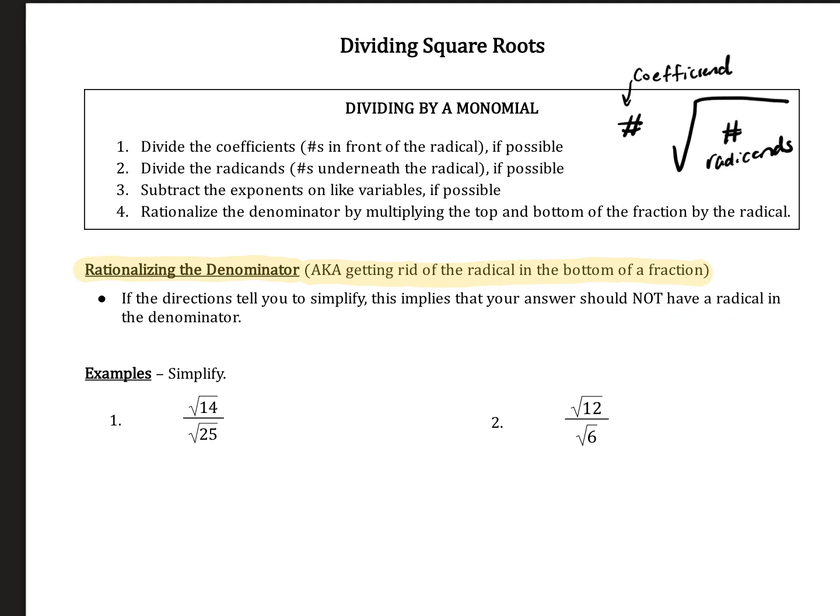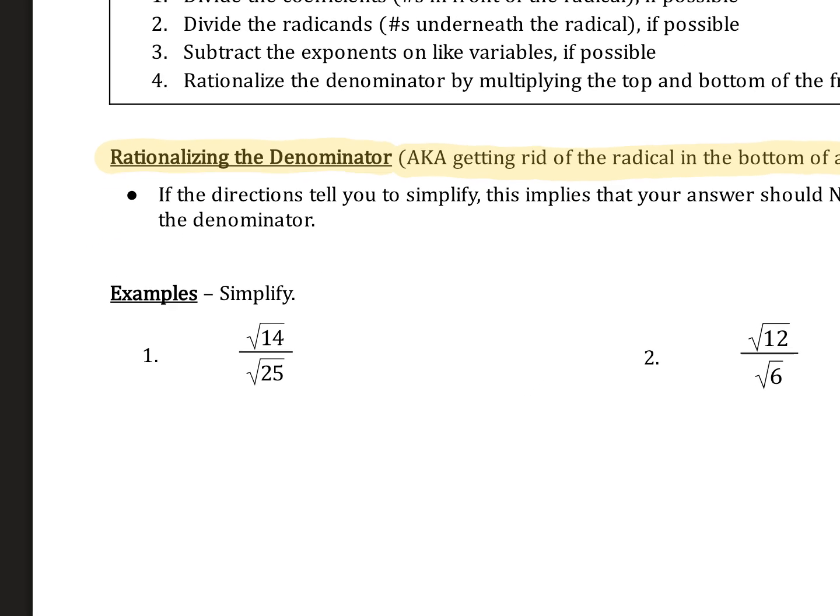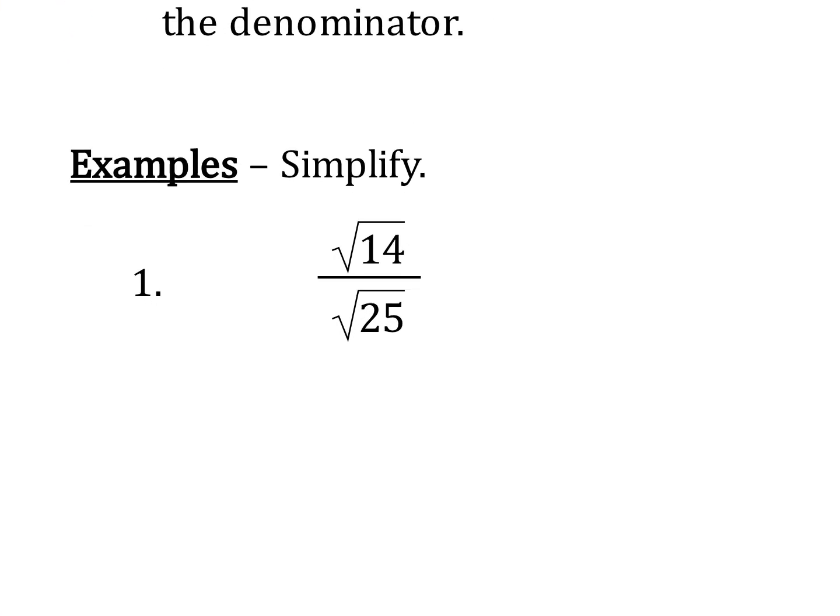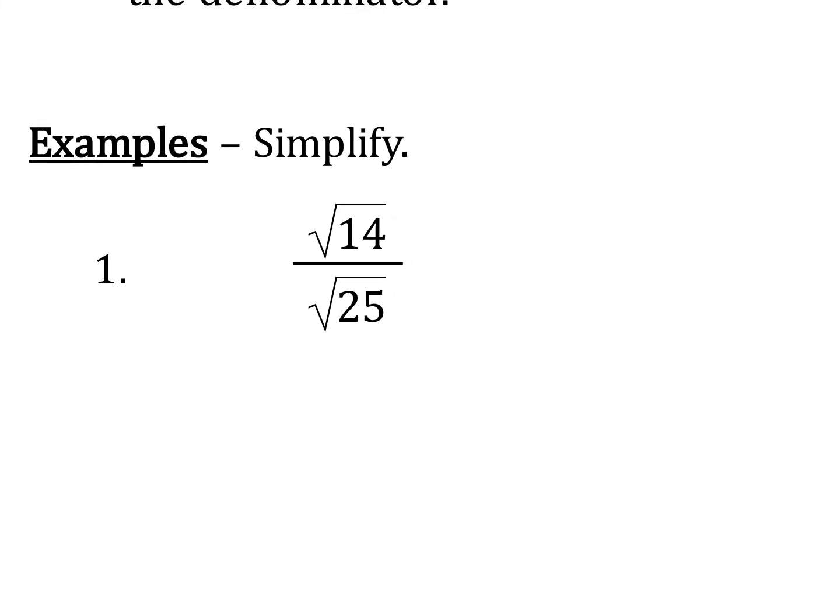So for example, let's look at example number 1. It says to simplify: the square root of 14 divided by the square root of 25. Square root of 14, if I try to simplify that, becomes 2 times 7. There's no other number that can come outside, so the square root of 14 is as simple as the top can get.